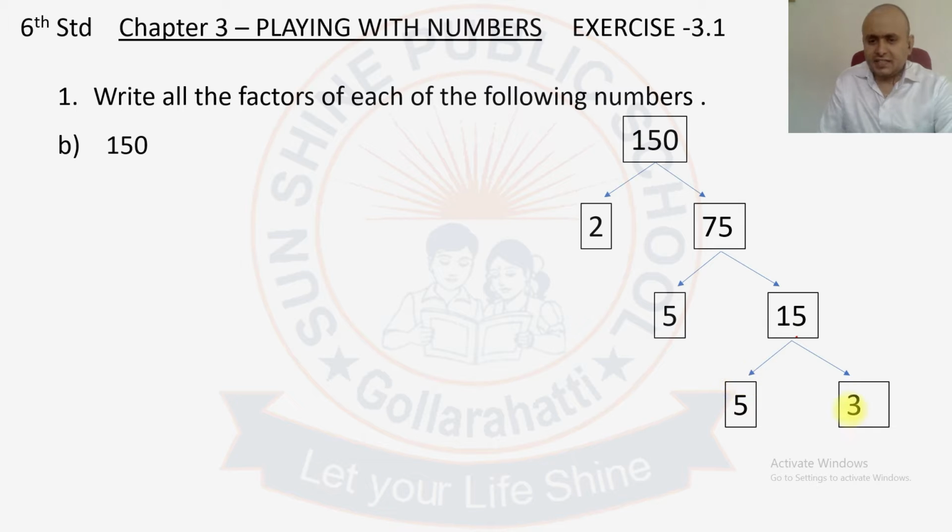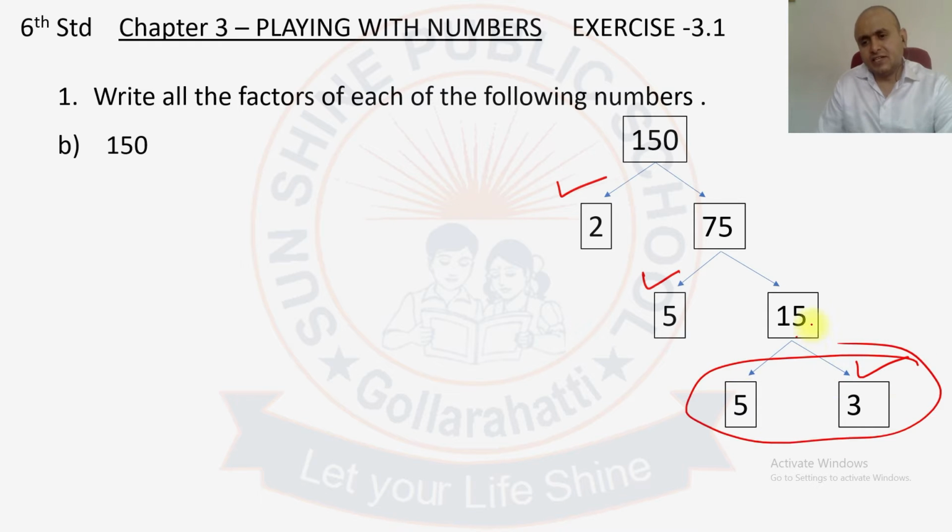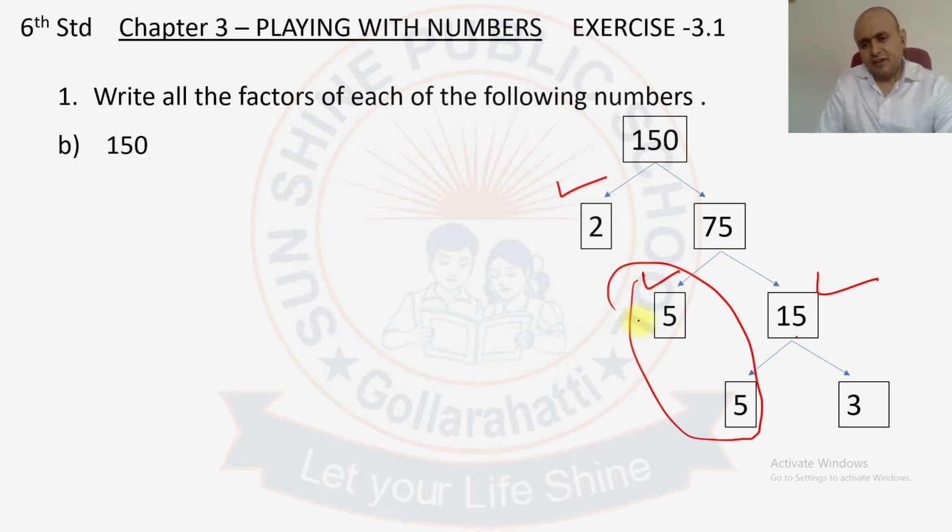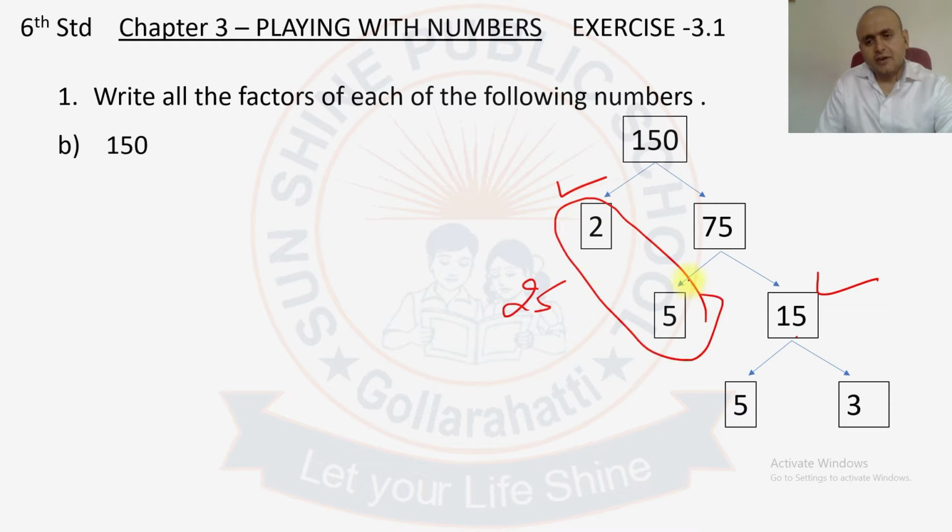So now, what are the factors? 2 is a factor, 5 is a factor, 3 is a factor, and 3 5s are 15, so 15 is also a factor. 5 5s are 25, 25 is also a factor. Next 5 2s are 10, so 10 is also a factor.